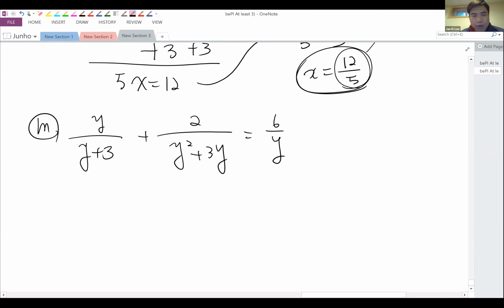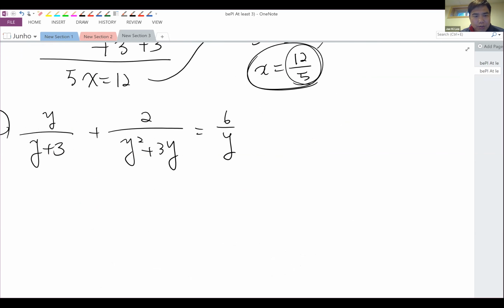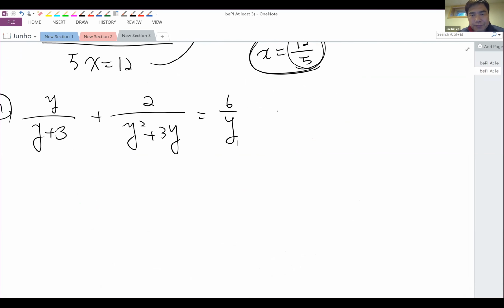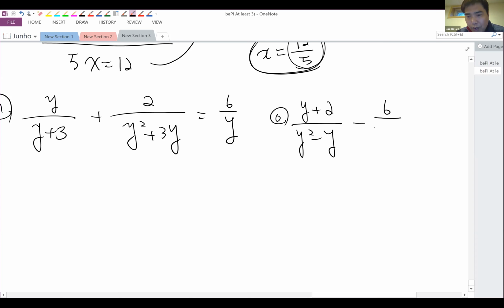And then one more question. Hopefully I can fit it here. y plus 2 over y squared minus y minus 6 over y squared minus 1 equals 0. Okay. These two problems, please.